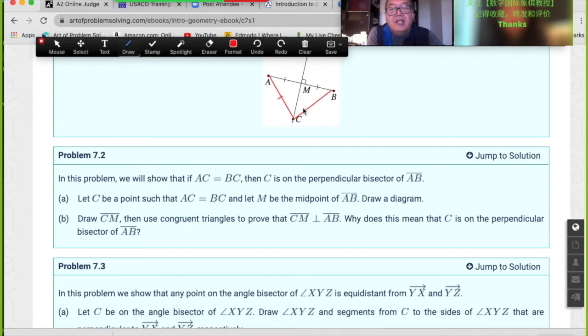You make AC equals BC, and AM equals BM, because M is the midpoint of AB. Now draw CM. You connect CM and use congruent triangles to prove that CM is perpendicular to AB.